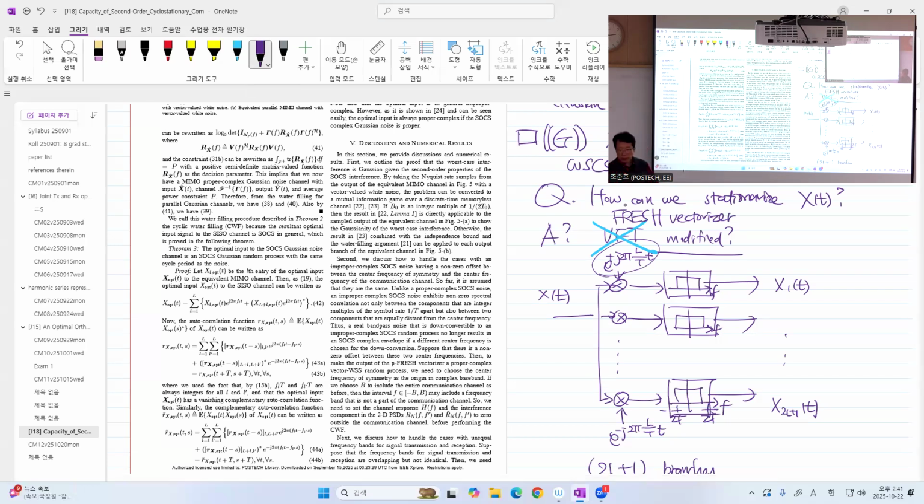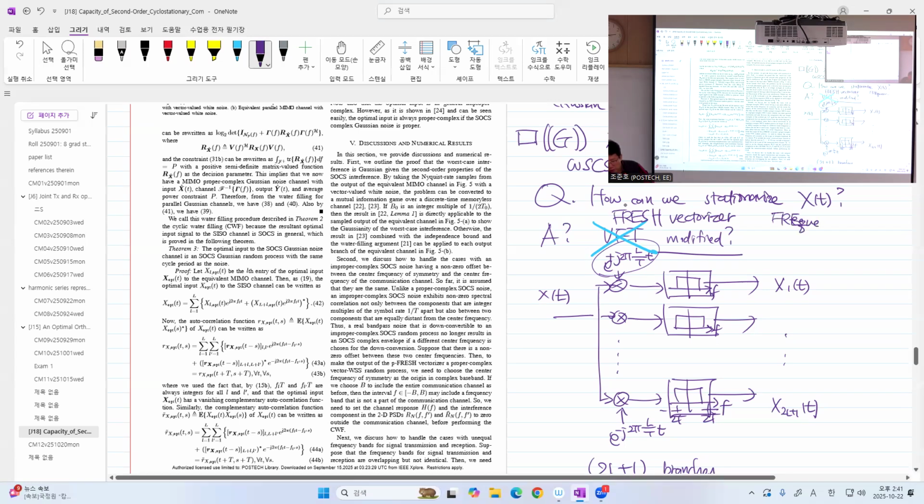Yeah, I'm sorry about that. Vectorized Fourier transform means that we not only vectorize but also apply Fourier transform at the output, but that is not true. Okay, so this is fresh vectorizer, and fresh means frequency shift. I didn't name it.